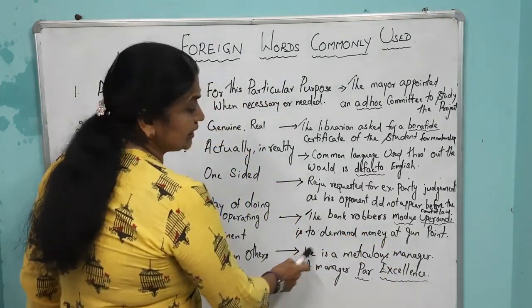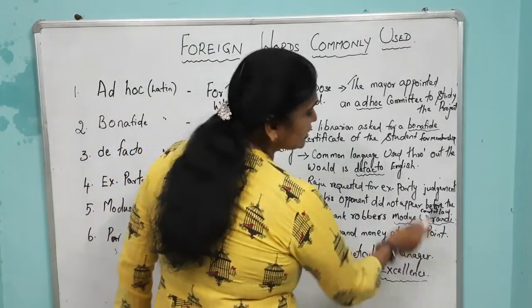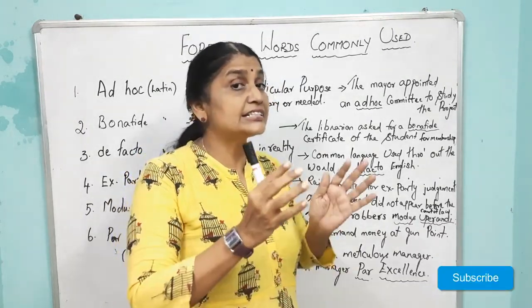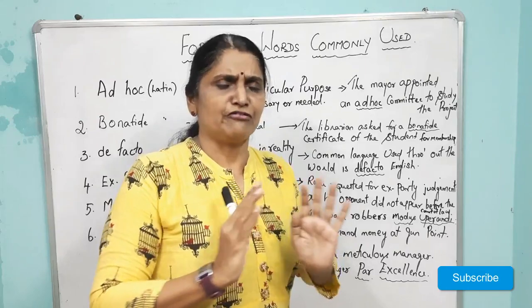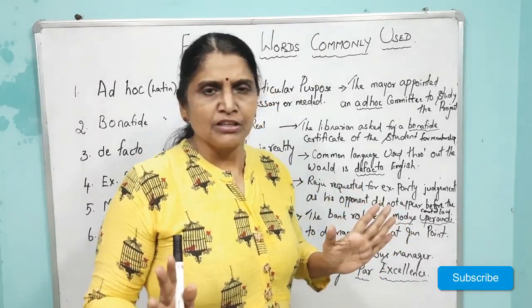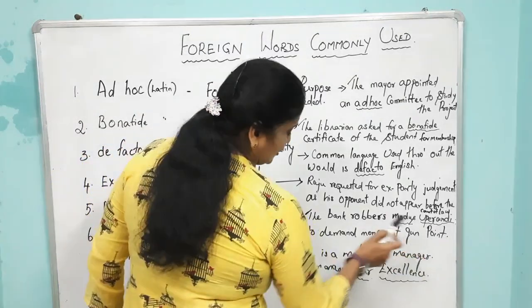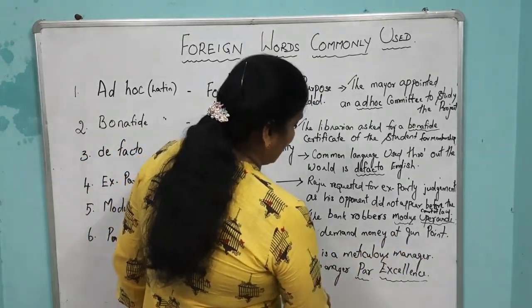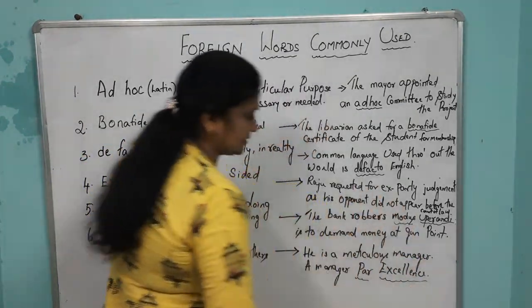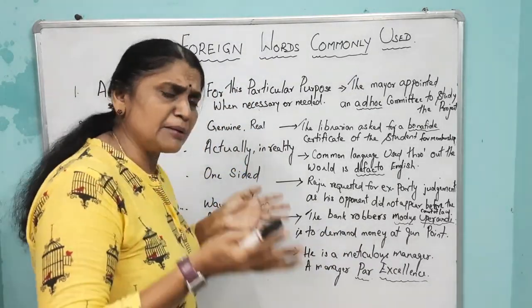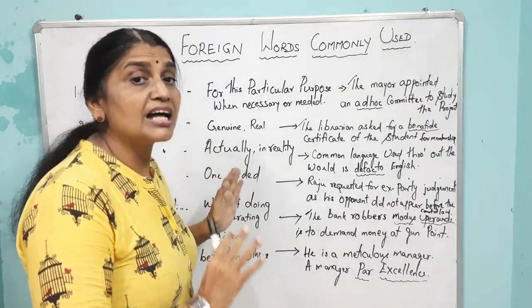Now see, he is a meticulous manager. Meticulous means even small, minute details he will take care of and do the work professionally, neatly, excellently. So then we say he is a meticulous manager, a manager par excellence. A manager better than others. He is an eminent manager, par excellence.